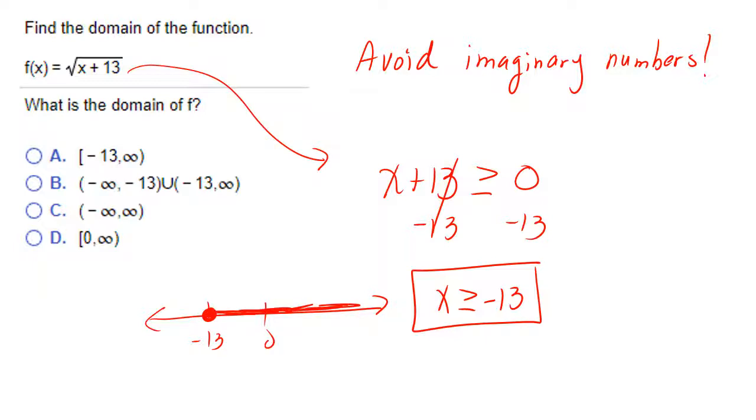It means I could use the negative 13, and I could also use anything larger than that. In interval notation, that would be choice A. Bracket negative 13, comma, infinity, parentheses.